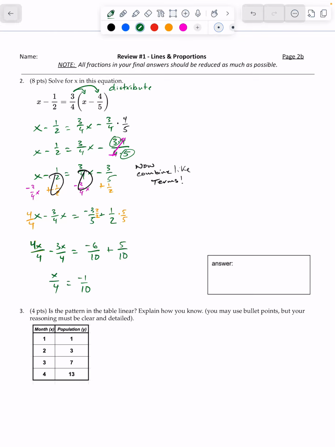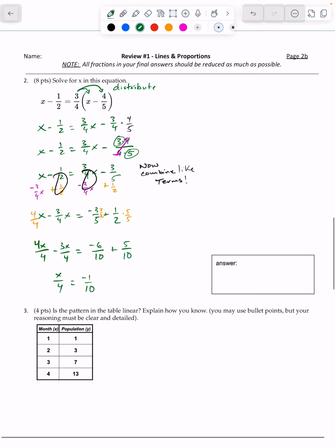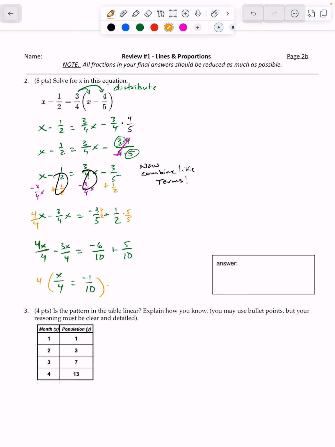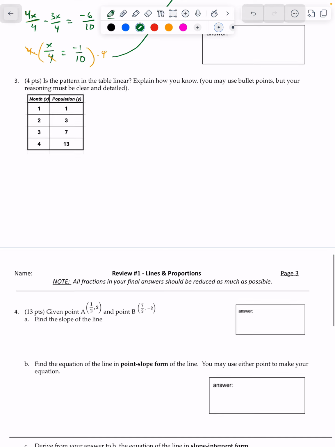And then I'm going to multiply through by 4 on both sides. Those will cancel out, and I'll get x equals negative 4/10, which is negative 2/5 when we reduce it. Ta-da! Now, is this linear?